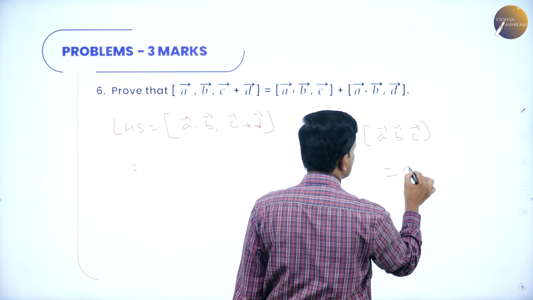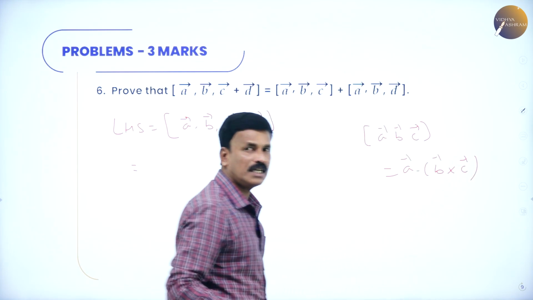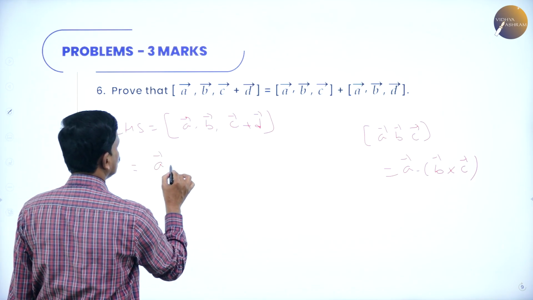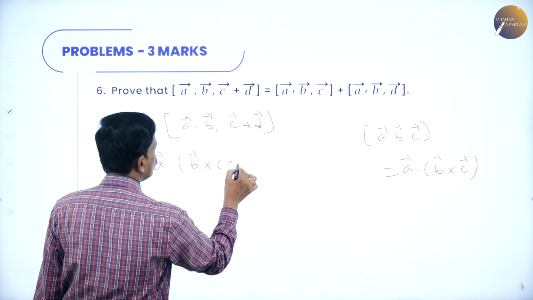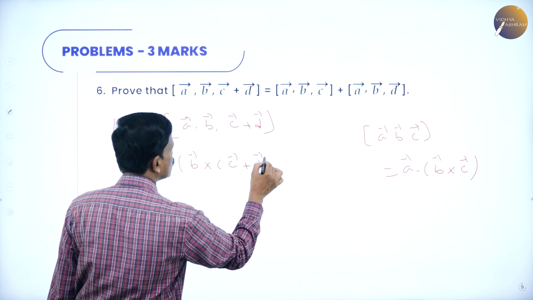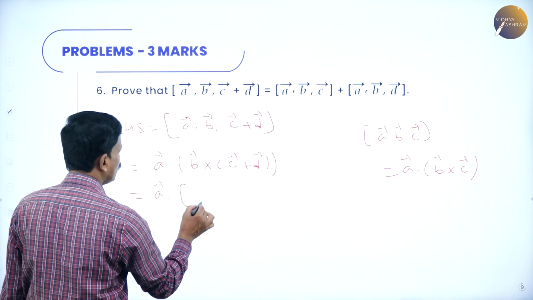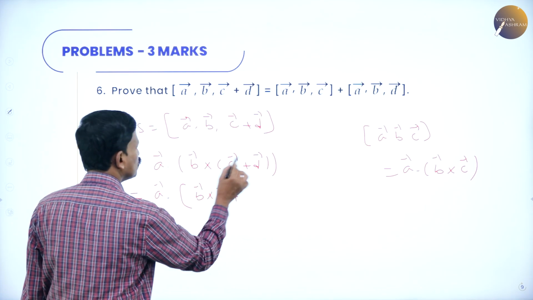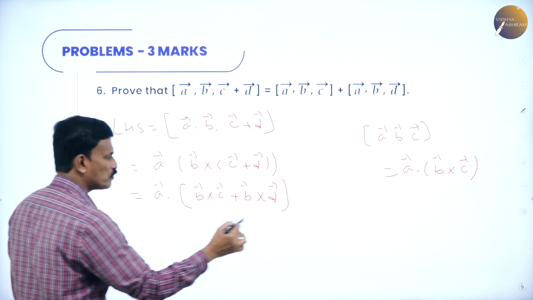Box product of ABC is nothing but A dot B cross C. So this can be written as vector A dot B cross C, where B cross C vector is nothing but with C plus D. Now this is A dot, simplify this: B cross C plus B cross D. Now apply the dot product for these two.